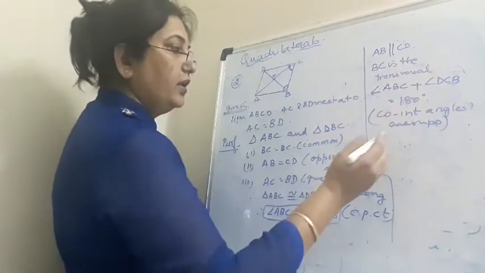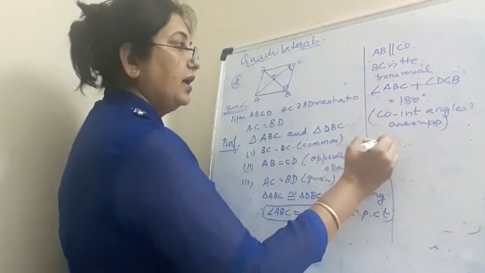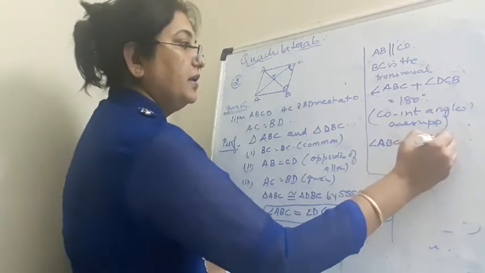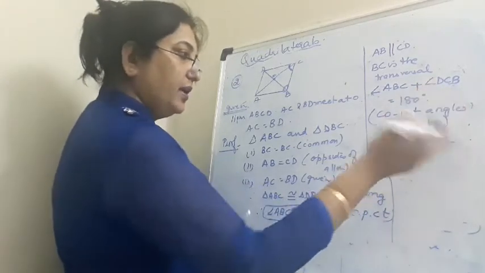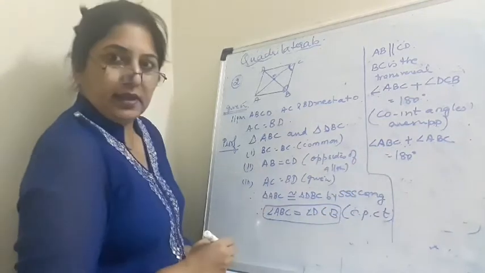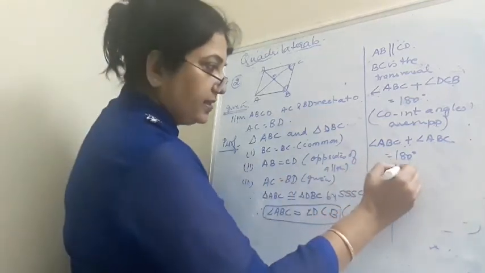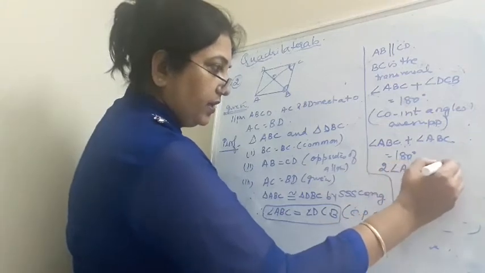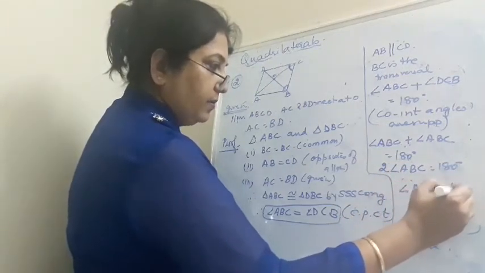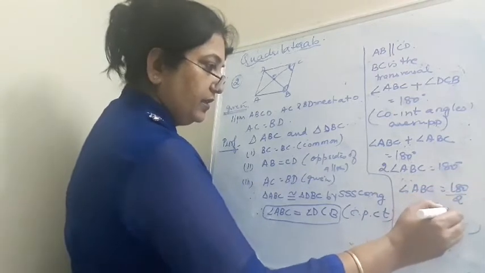Now, we have just now proved that ABC is equal to DCB, so we can write angle ABC plus angle ABC, I will substitute ABC for DCB as both are equal, is equal to 180 degrees. Yes. Then twice angle ABC is equal to 180 degrees. Angle ABC will be equal to 180 by 2, which is how much? 90 degrees.